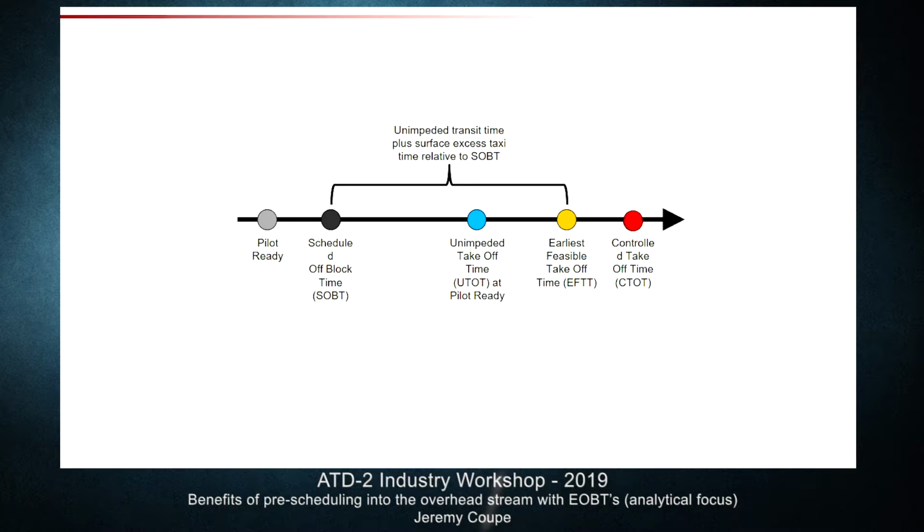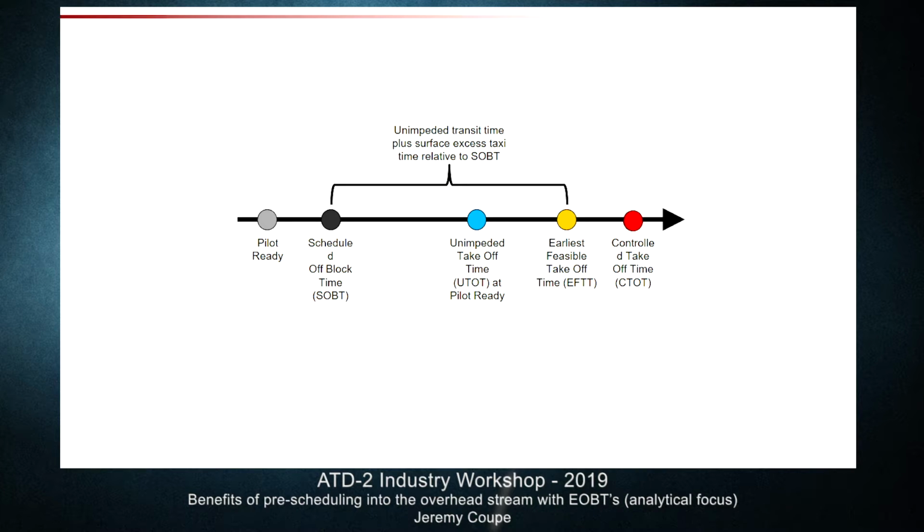The idea here is that from the flight's perspective, the controlled takeoff time is really a function of two things: the earliest feasible takeoff time, and how much delay TBFM is bringing back. What do I mean by this? Let's say I'm an aircraft and I'm ready to push back at 12 o'clock noon.